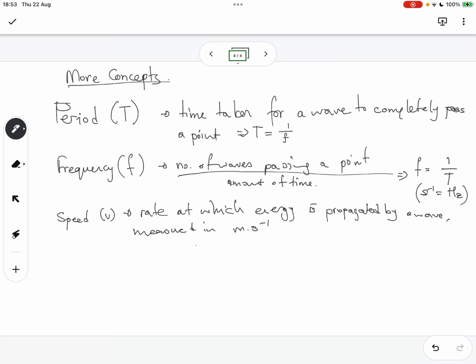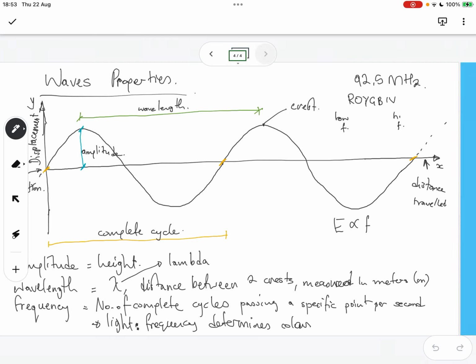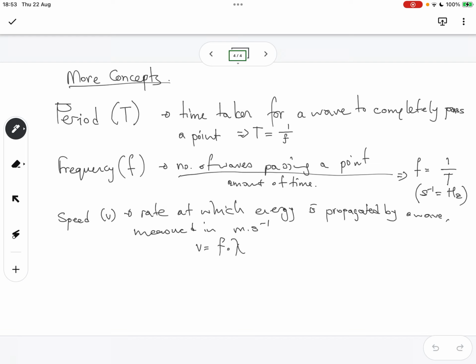I guess just like speed, and this would equal frequency times wavelength. I thought maybe I used lambda as frequency in the previous slide, so I was correct in the previous one.